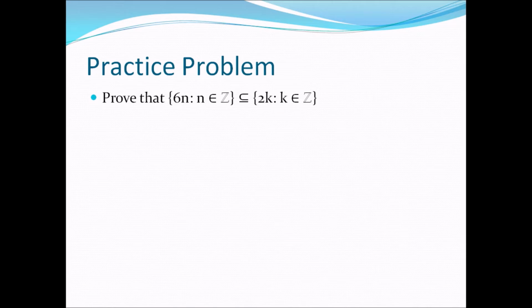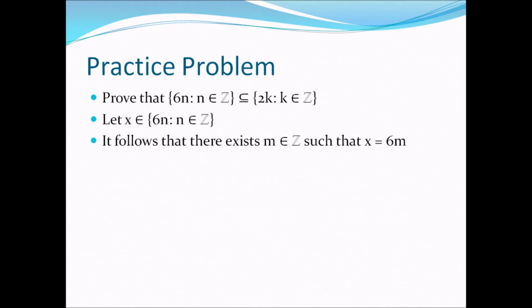And we want to prove that it's a subset of 2k, and that is all even integers. So the way we do this is we let x be in the set 6n, and we want to show that this is indeed in 2k.